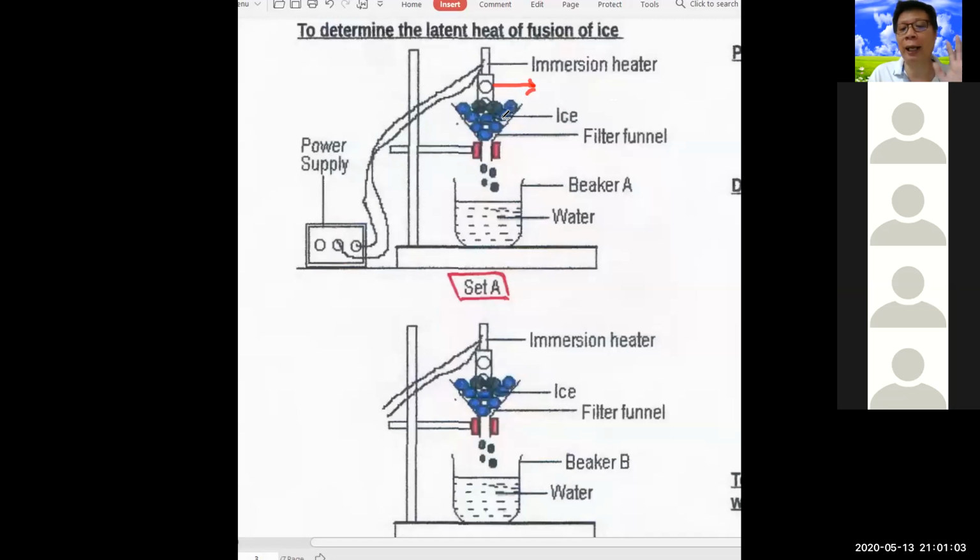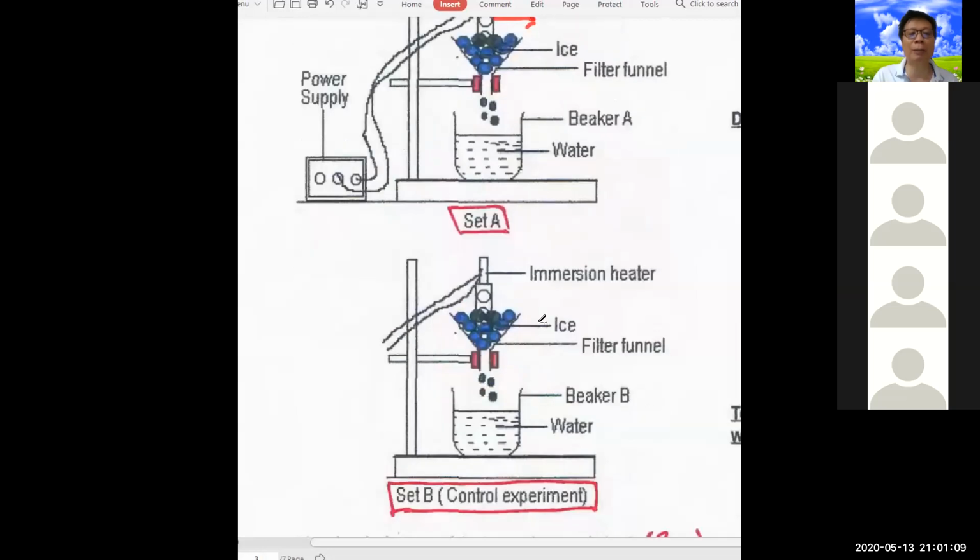Now, to counter this problem, we use a control experiment. You see the control experiment: everything is exactly the same except there is no power supply. No power supply here, but the ice is dripping, the water is dripping, which means the ice melts.